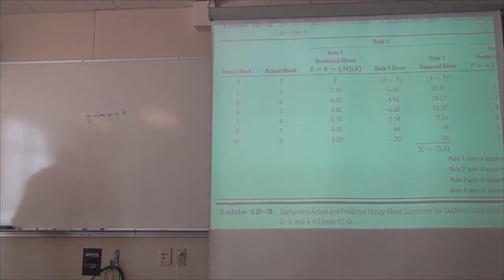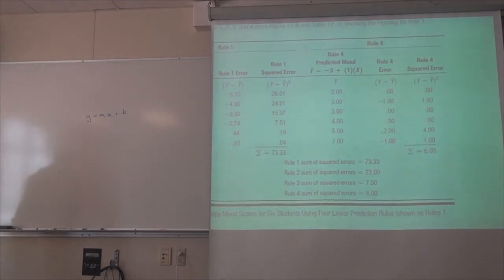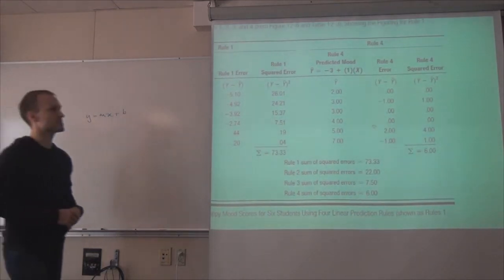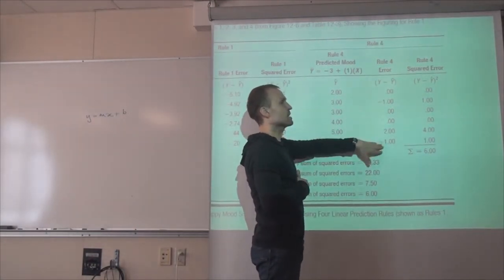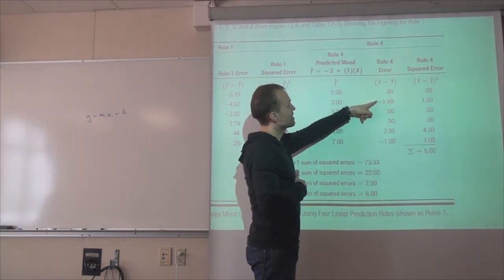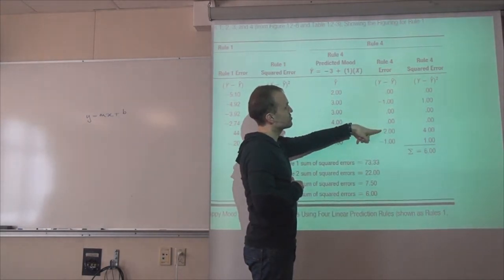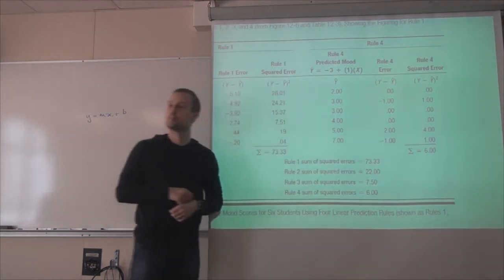So let's look at rule 2 or rule 4 just for a second and look at these deviations, these differences. If I average them out by adding them up and dividing by how many there are, I'm going to get a -1 plus a 2 plus a -1. So that sum is going to be 0.